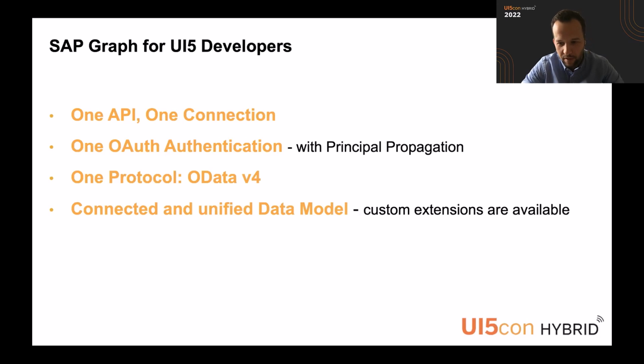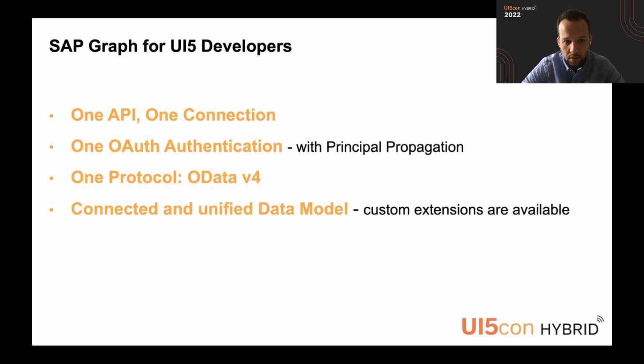Because today we're focusing on UI5, as a UI5 developer, what does it bring me? Those are actually just the things that I mentioned. This one API, one single authentication. I don't have to deal with multiple authentications to different systems, it uses principal propagation under the hood.